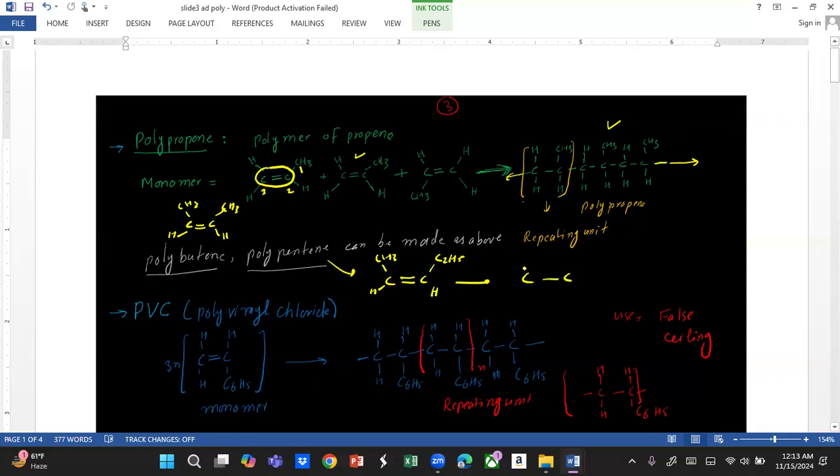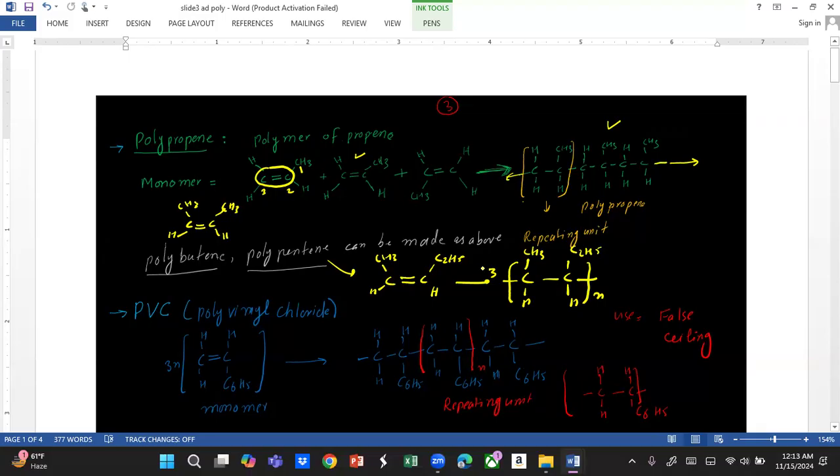Just remove the double bond and straighten the bonds and write CH3 here, hydrogen here, open it, C2H5, H here, open it. This is a repeating unit. Just put n here. If you take three monomers, then you have to put three here. Hope you understand. This is polypentene.